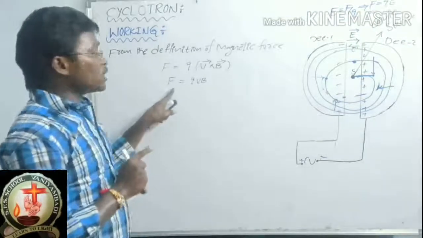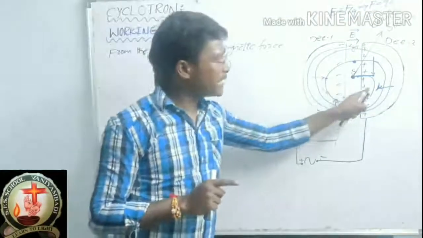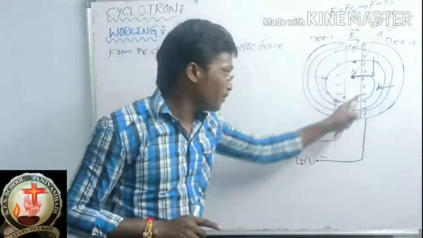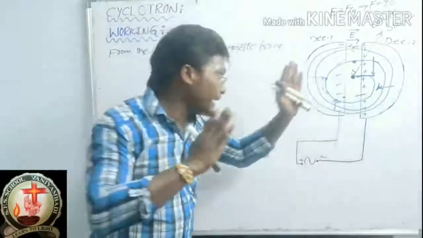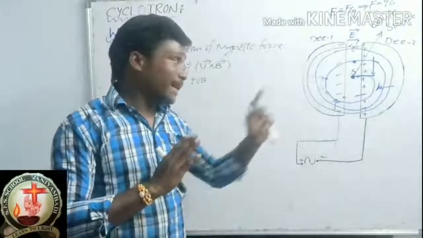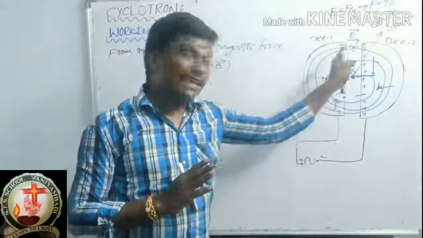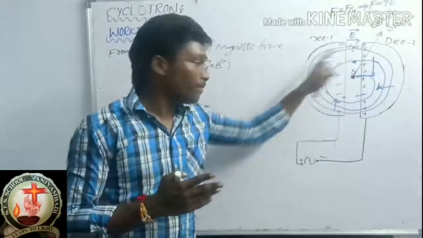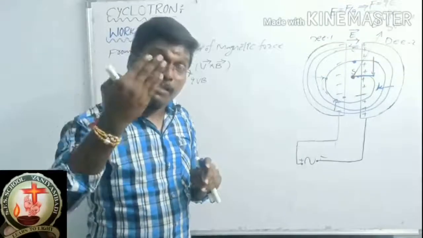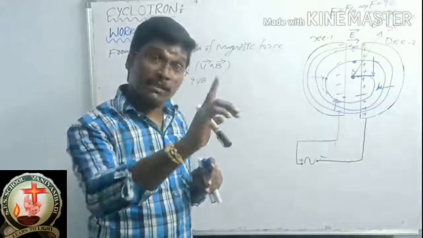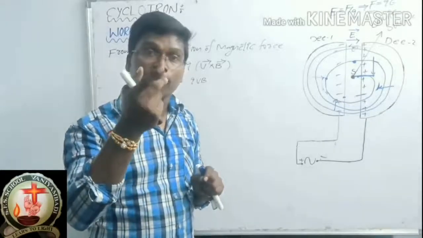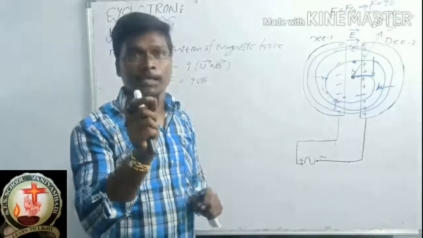Because of this magnetic force, this charged ion is creating circular motion, right? Because of that magnetic force, the charged ion is moving in a circular path. So whenever a charged particle is moving in a circular path, that charged particle has what?